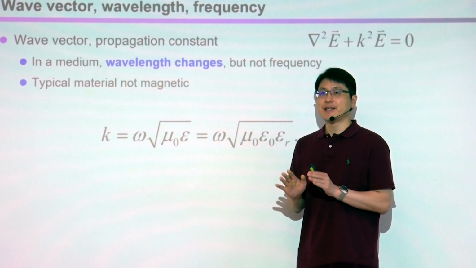So the definition is K is omega divided by your propagation speed. And your propagation speed, another way to look at it is c divided by n, right? The same thing. You can move this one to the bottom, right? So this is c divided by n. Same thing.